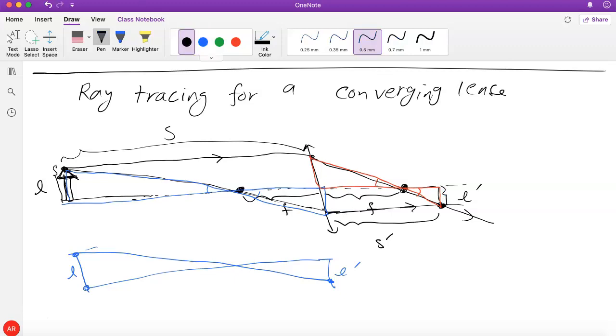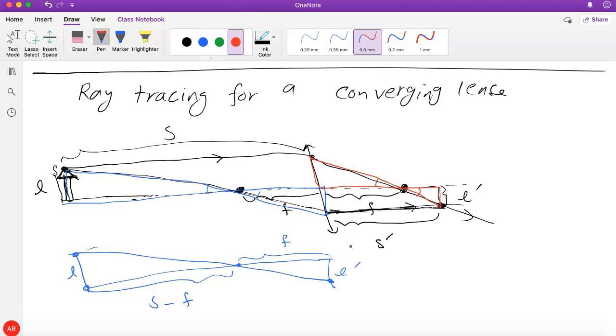So that's a line parallel to the optical axis. So that's just a rectangle. And then this side of the blue triangle is going to be L prime again. This from here to here I have F. And from here to here I have S minus F, right? This whole length from the object to the lens is S. And then from the lens to the focal point is F. So here the distance that's left over is S minus F.